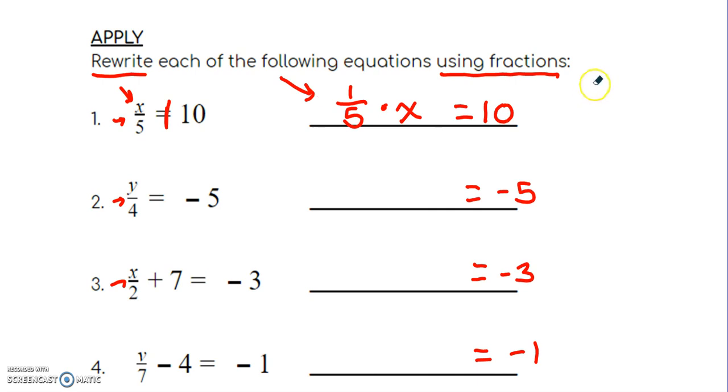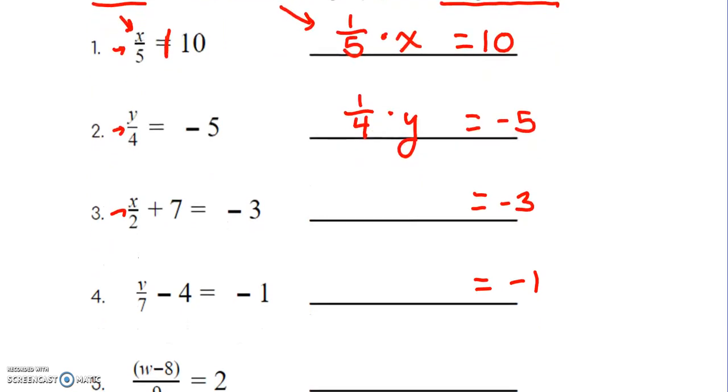We've worked with equations dealing with multiplication, and we undo that multiplication by division. So I can divide this side of the equation by 1/5 and get 1x and do the same thing over here. Number 2, something divided by 4 equals negative 5 is the same thing as 1/4 times y equaling negative 5. And again, now I know how to solve that by dividing by my number of y's.